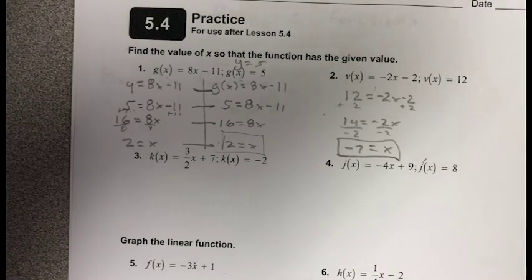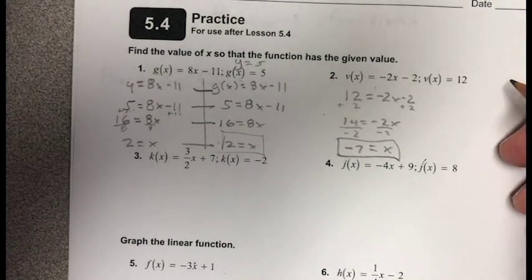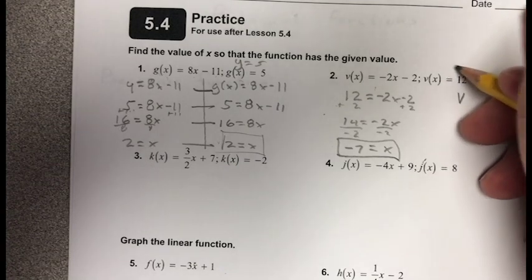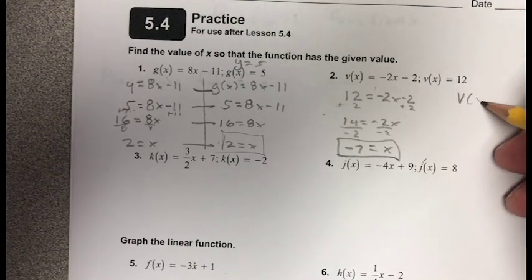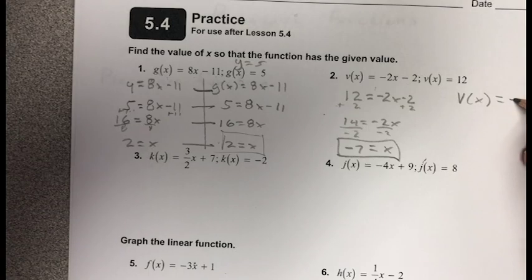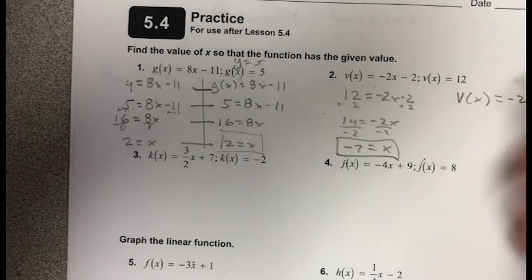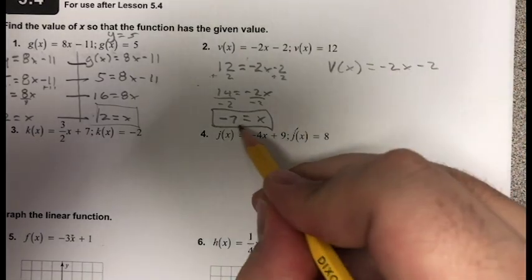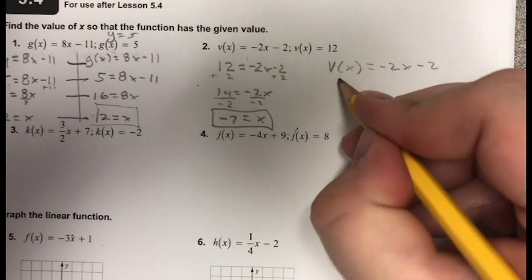And we can verify this. We can prove it. How do we do it? Well, just like we always do, we check it. We know that we are trying to get v of x equal to 12. So we're going to write that original equation down, and this time we're going to put negative 7 in the place of x.